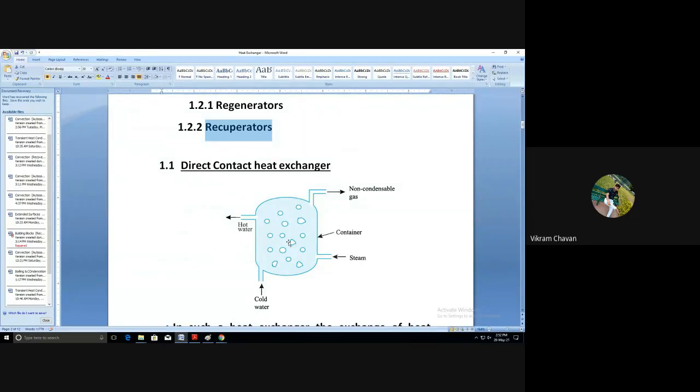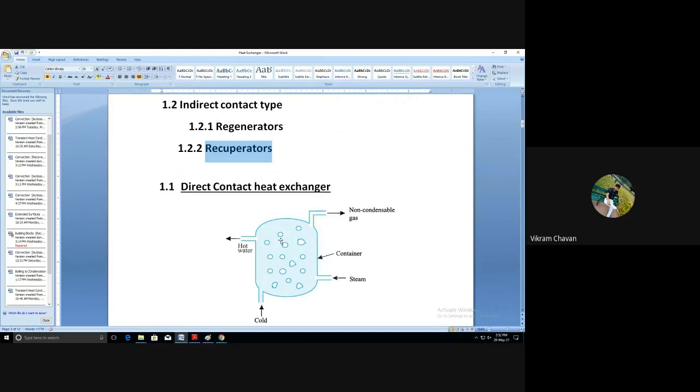The two fluids are directly in contact and exchange heat. This type is called a direct contact or open type of heat exchanger. Getting everyone? Open type or direct contact type of heat exchanger.